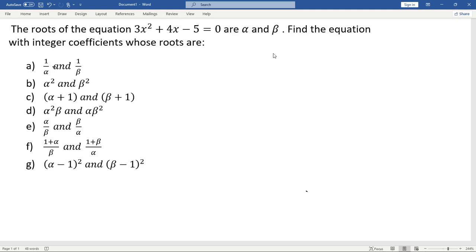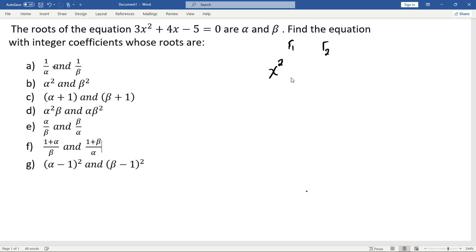Now, if we have two roots as solutions of an equation, let's say the first root is R1 and the second root is R2, then the new equation that can be formed using these two roots can be written as follows.